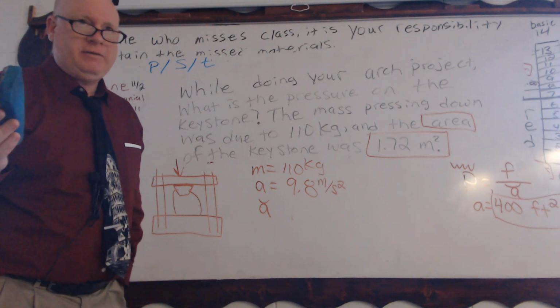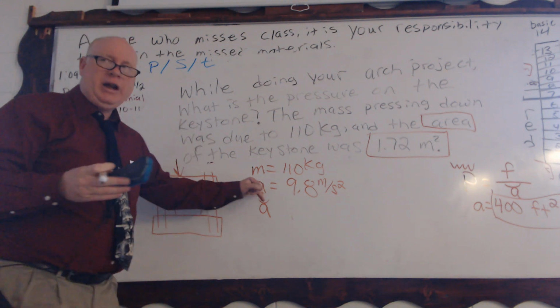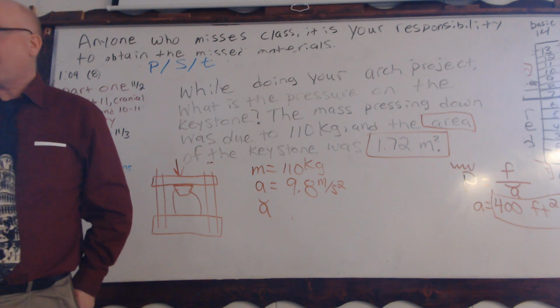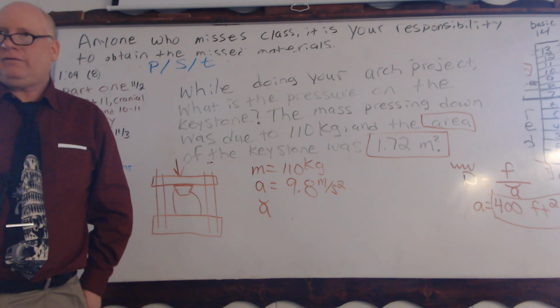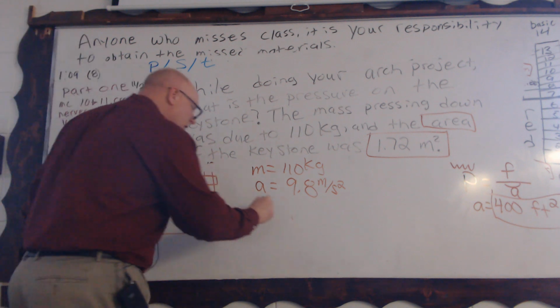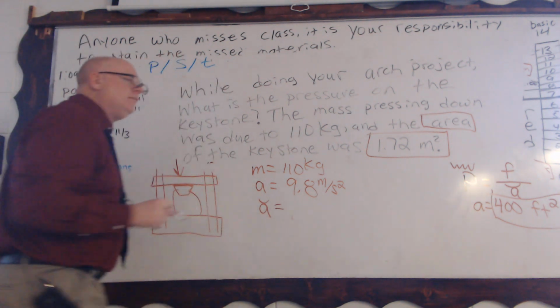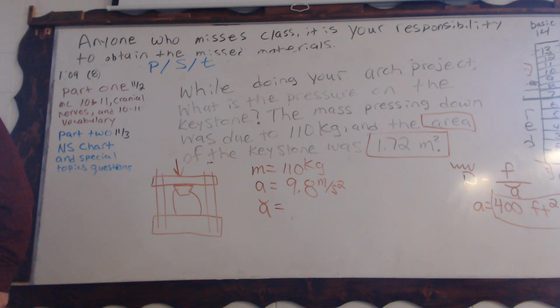We can use A now. If you put a line over it, put a line over it. That's just what I do. And if you don't want to put a line over it, you don't have to. Okay. So then, what is our area? 1.72.